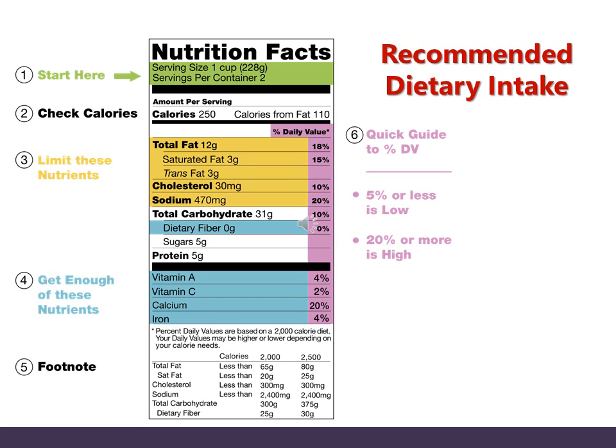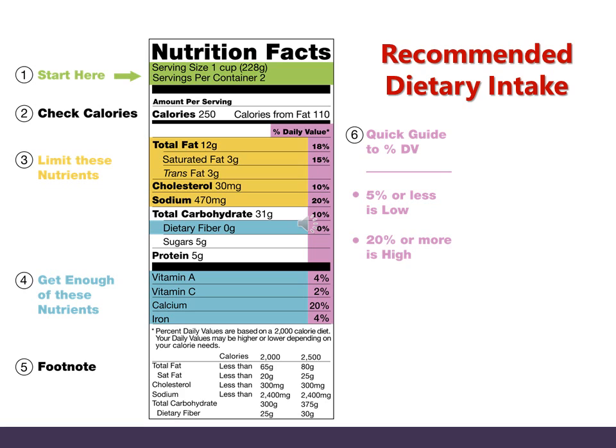The recommended dietary intake says 5% or less is very low, while 20% or more is high, which means the percentage of these nutrients should be 5 to 20% only. Lower than that or higher than that is not good for our body. It might cause problems to our body.